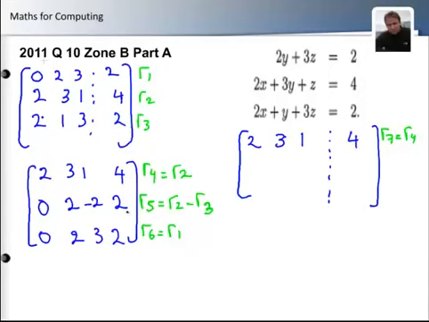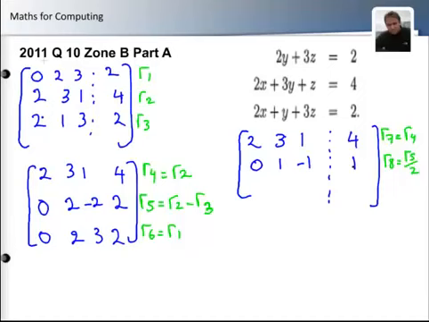The second one, I'm going to divide this by 2 now. So row 8 equals row 5 divided by 2. So 1, 0, 1, minus 1, and 1.